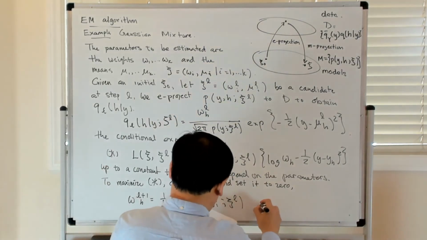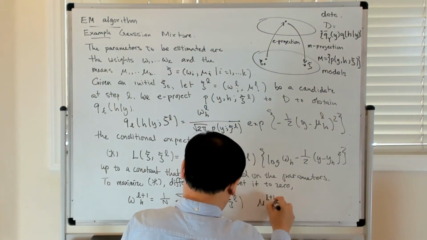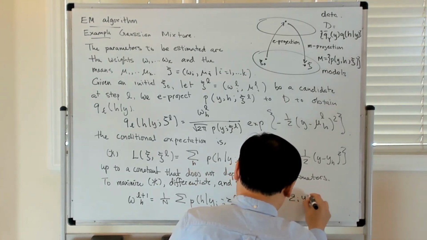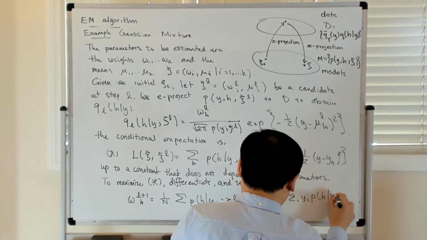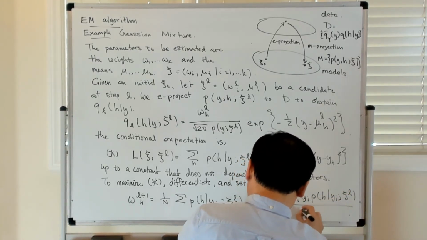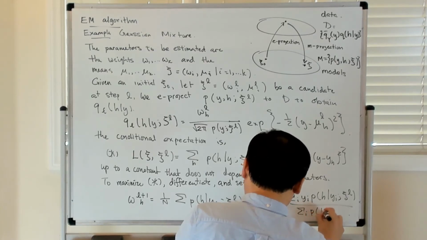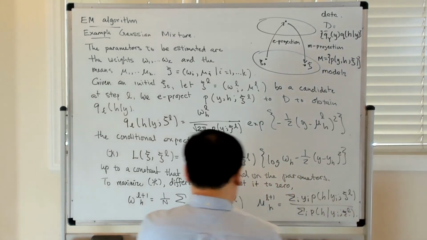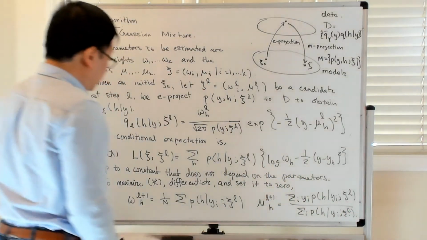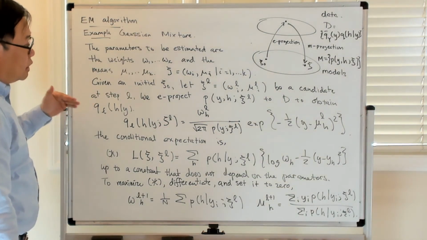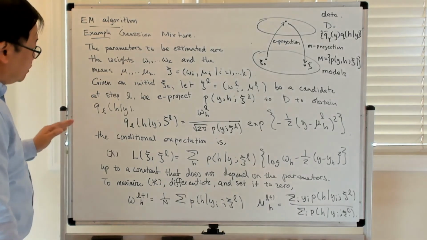and that mu_H^(L+1) is equal to the sum over i of Y_i P of H conditioned on Y_i given C_L, over the sum over i of P of H conditioned on Y_i given C_L as well. So that's the EM algorithm applied to this estimation problem for Gaussian mixtures.